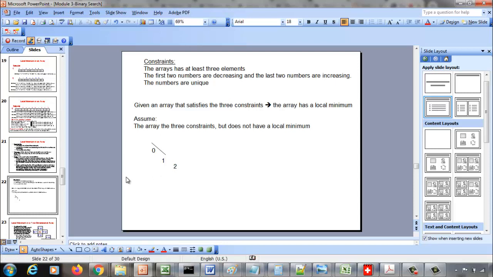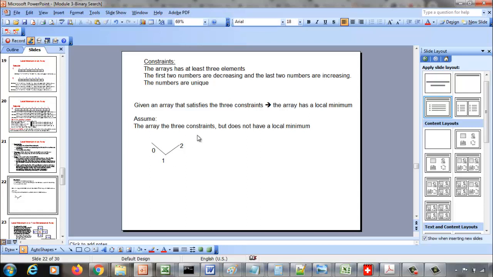Now, our assumption is that the array does not have a local minimum, so the element at index 2 cannot be greater than the element at index 1. Again, remember the elements are unique.